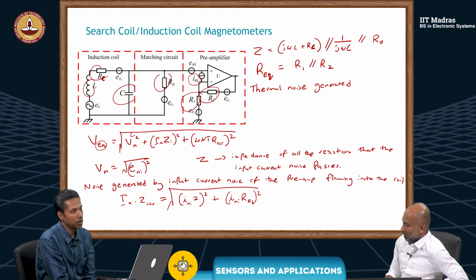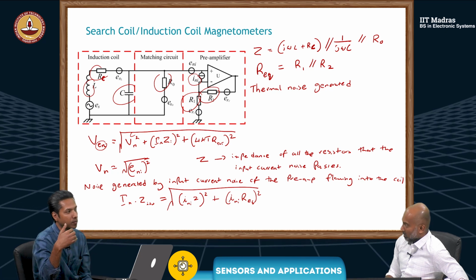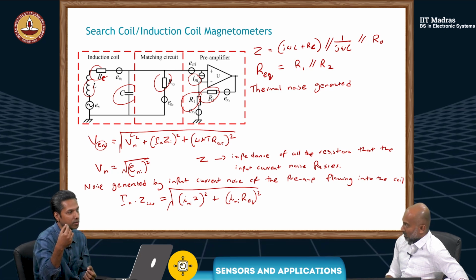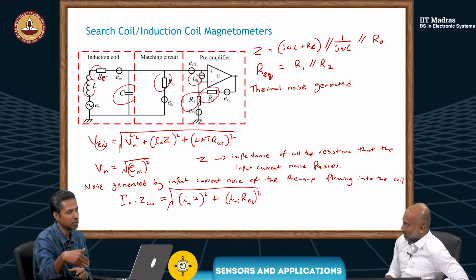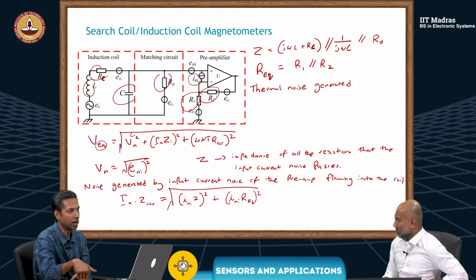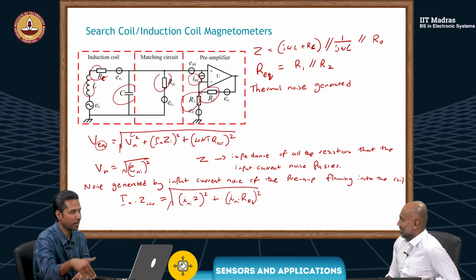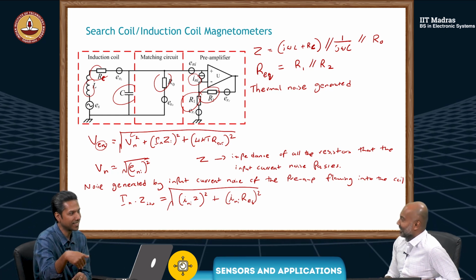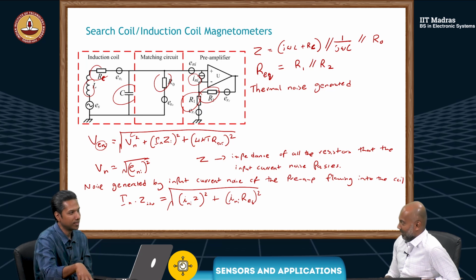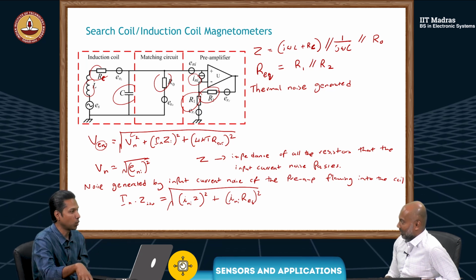Now I can realize that using different values of resistors. For example, if the ratio is 10, I can take 1 and 10, or 1K and 100 ohm, or 10K and so on. But that has an implication on the noise.